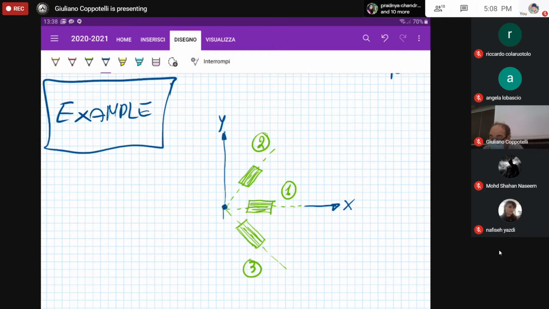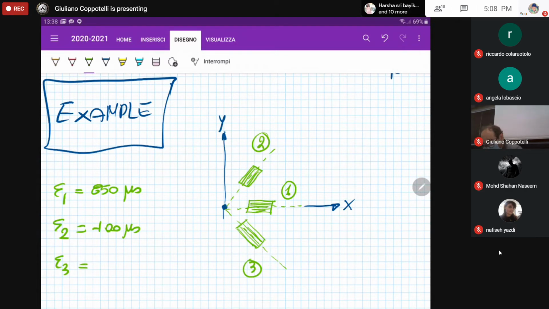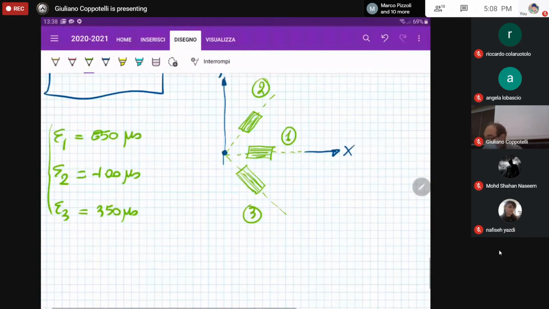Let's assume that our measurements are giving me that the first strain is measuring 850 microstrain, epsilon 2 negative 100 microstrain, and the third strain gauge is giving you 350 microstrain. That is from measurements. Let's assume to have them.